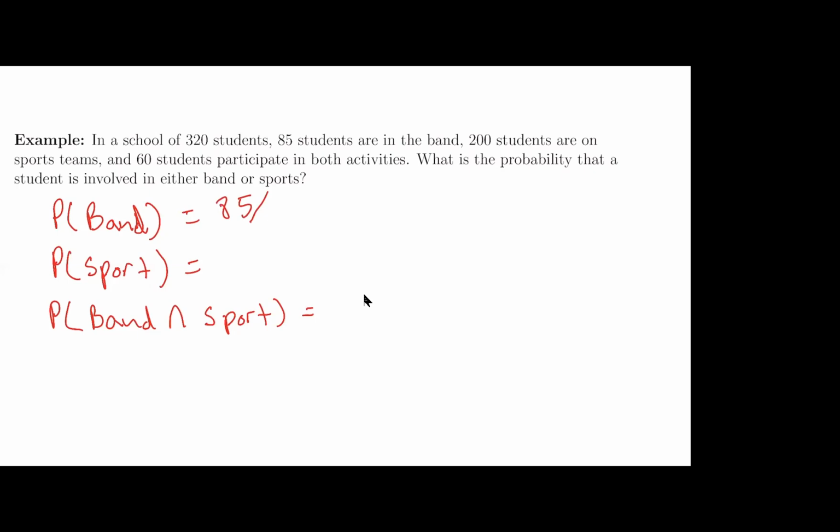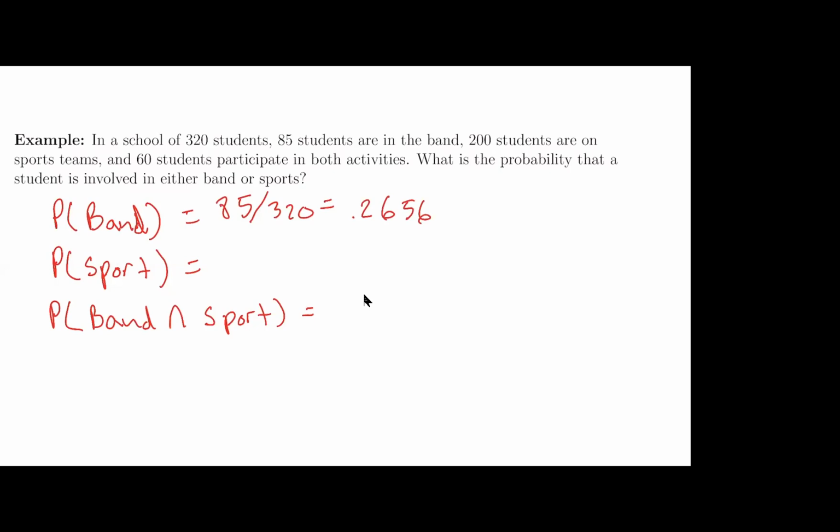Perfect. So let me quickly do that in the calculator. We'll do 85 divided by 320, and you roughly get 0.2656.